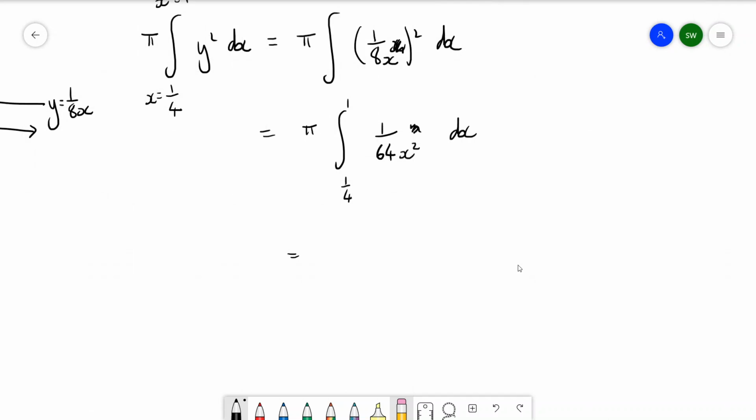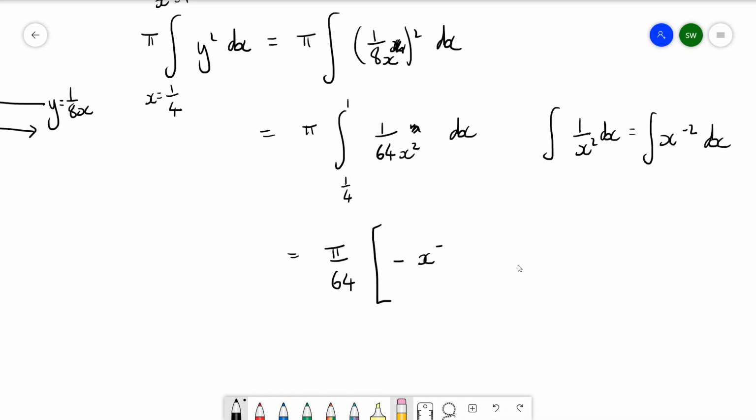So I'm going to take the 1 over 64 out, so I'm going to write it as pi over 64, and then I need to integrate 1 over x squared. So the integral of 1 over x squared is the integral of x to the minus 2. So if I increase the power by 1 and divide by the new power, I'm going to get minus x to the minus 1.